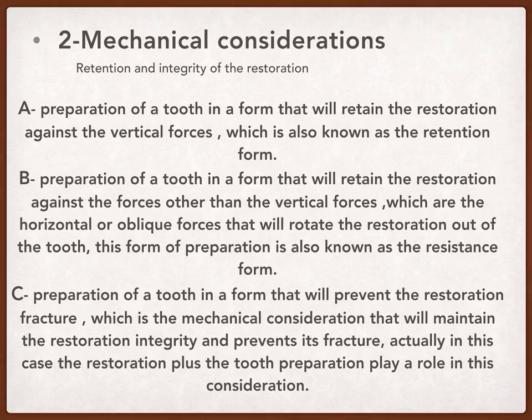The second mechanical consideration is the tooth form that we make to prevent the dislodgement of the restoration from forces other than the vertical forces, in other words, the horizontal or oblique forces.